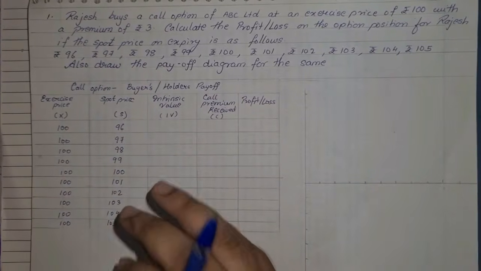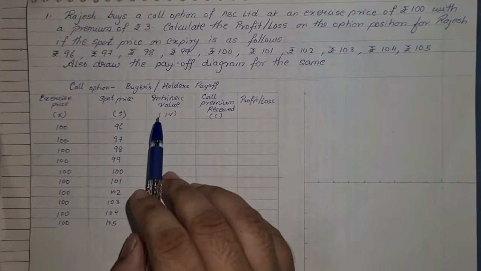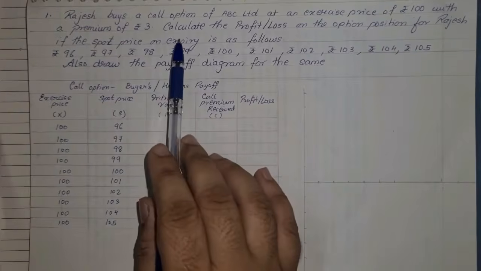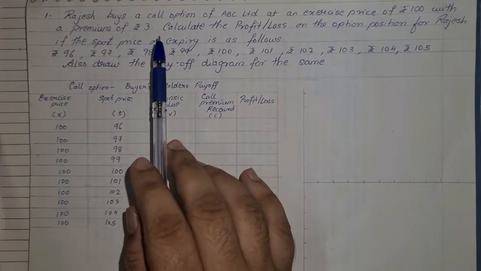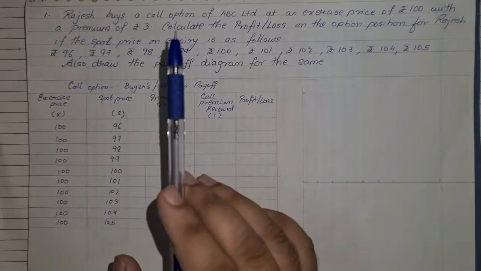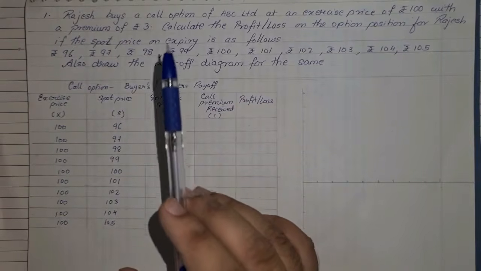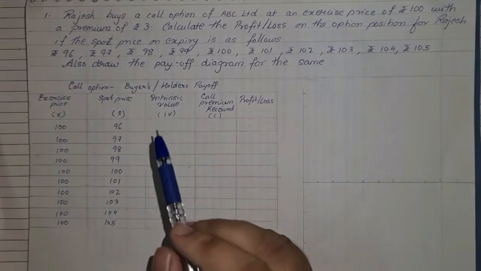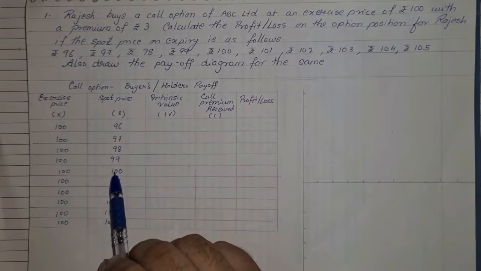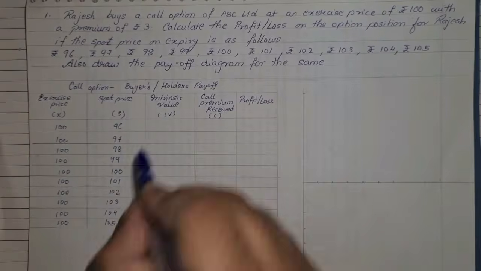Okay, so the first two columns we just noted down from the question, whatever data has been given to us. Now comes the most important part, the intrinsic value. Remember, when we are solving a sum based on call option, and whenever we have a buy call, always remember up to the point where the spot price matches the exercise price, the intrinsic value will always be 0.